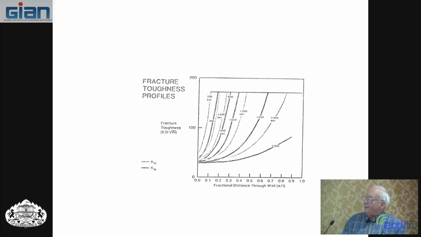Now, because the temperature changes, and this is a material that has ductile to brittle transition, K1C follows this. It's hard to see it, but it follows this. And then they use crack arrest. We talked about the crack arrest test real briefly.